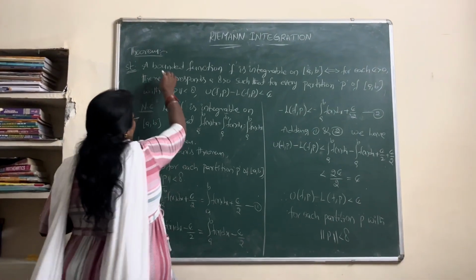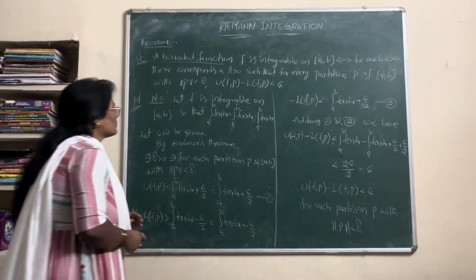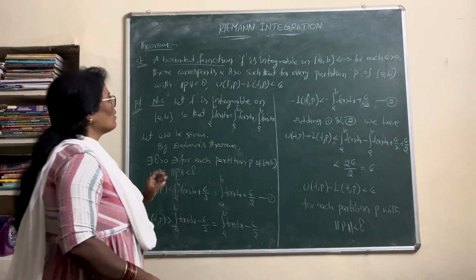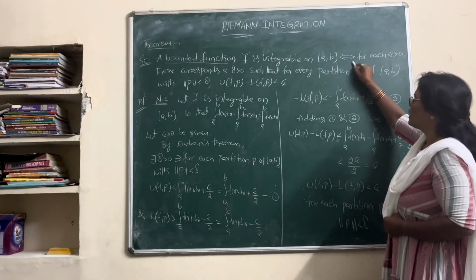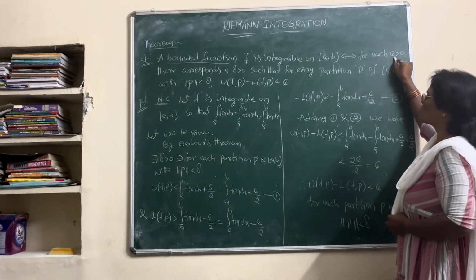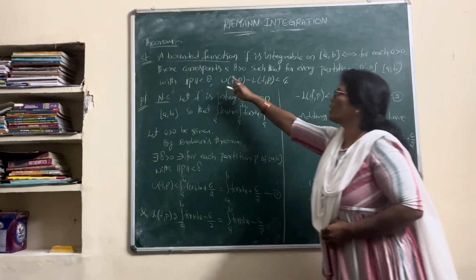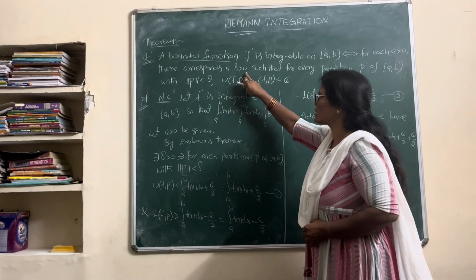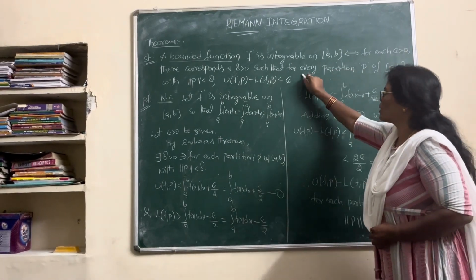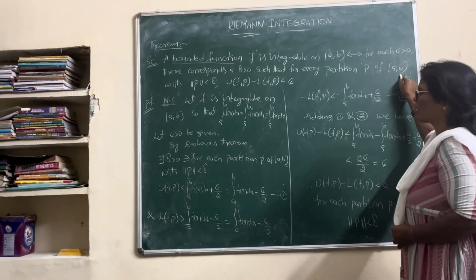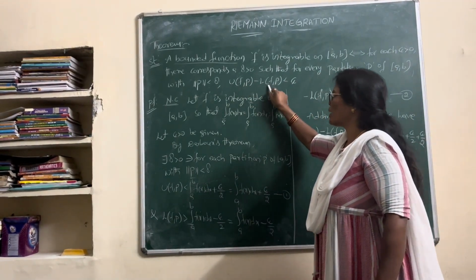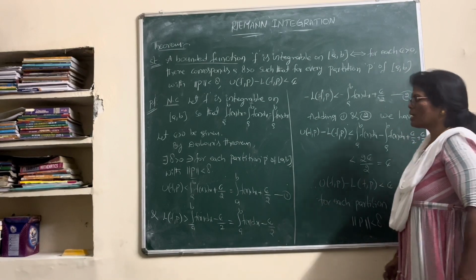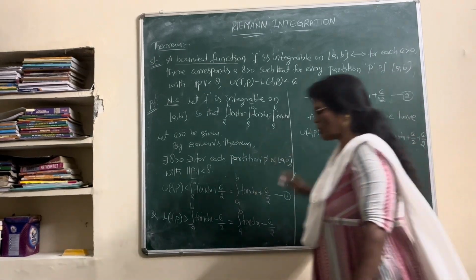The statement is: a bounded function f is integrable on the closed interval [a, b] if and only if for each epsilon greater than 0 there corresponds a delta greater than 0 such that for every partition P of the closed interval [a, b] with norm of P less than delta, U(f,P) minus L(f,P) is less than epsilon. Okay, this is the statement.